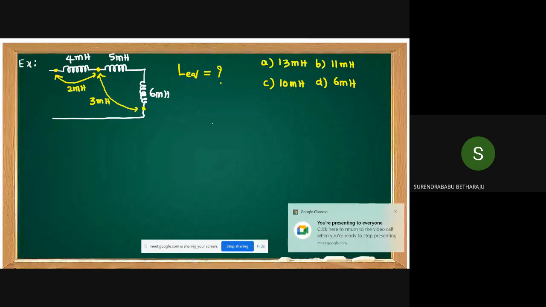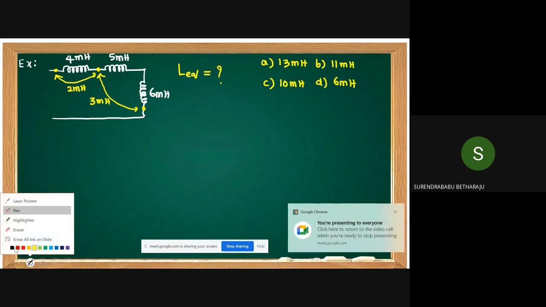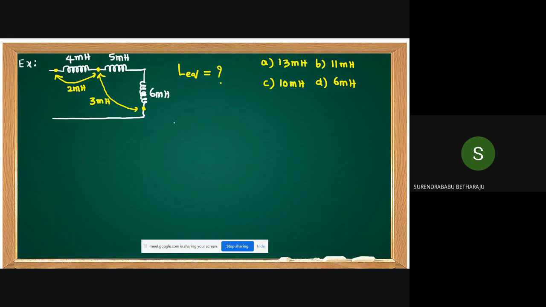It's very simple. You are finding the L equivalent. What is the solution for this problem? The L equivalent equals, first add all the self-inductances: 4 plus 5 plus 6. Now analyze the mutual inductance.